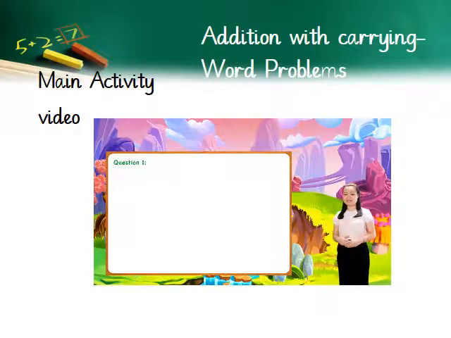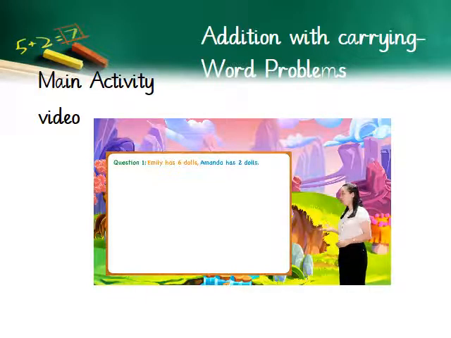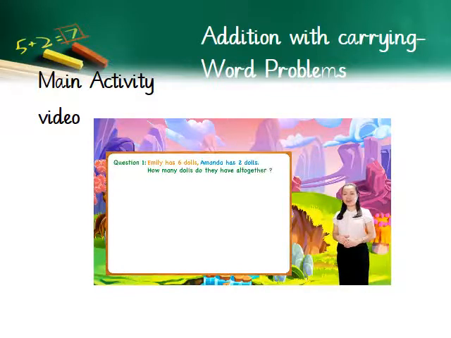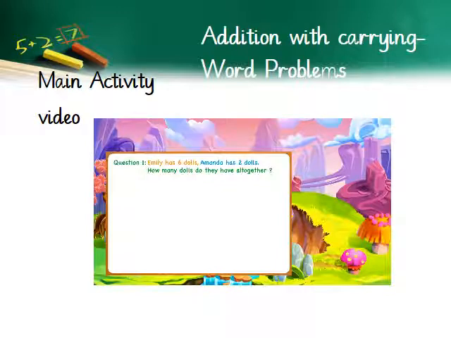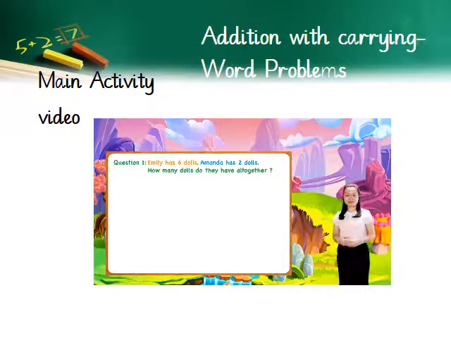Question 1. Emily has 6 dolls and Amanda has 2 dolls. How many dolls do they have altogether? I give you some time to find the answer for yourself. Let's find the answer together.